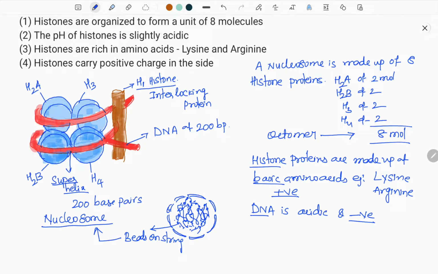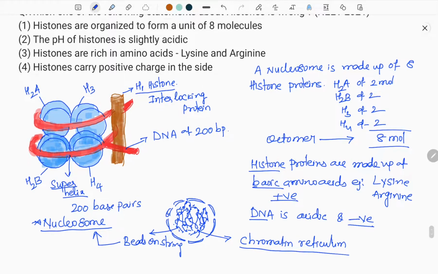So DNA becomes more stable as it has to act like genetic material. It needs to be more stable. So this is the nucleosome concept, which appears like beads on string in the chromatin reticulum. This is chromatin reticulum, the word coined by Fleming. These are nucleoprotein fibers present inside the nucleus. So these beads are nothing but the nucleosomes.